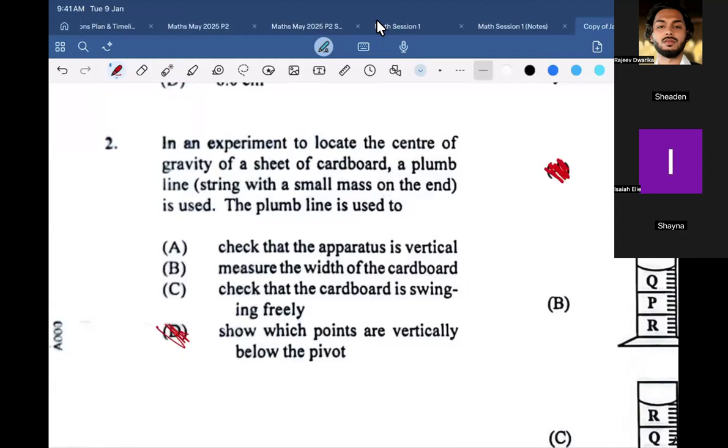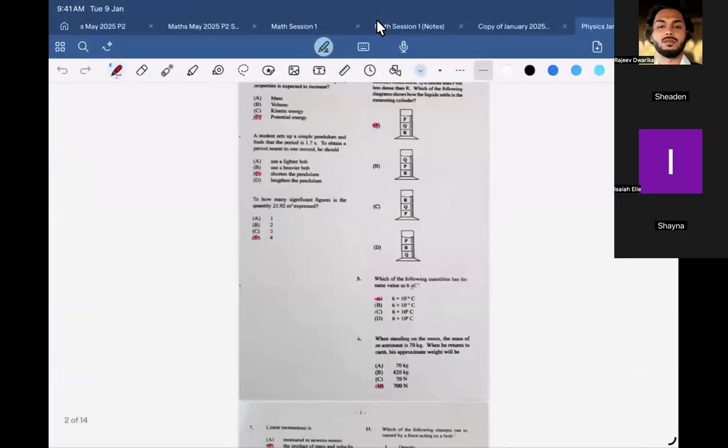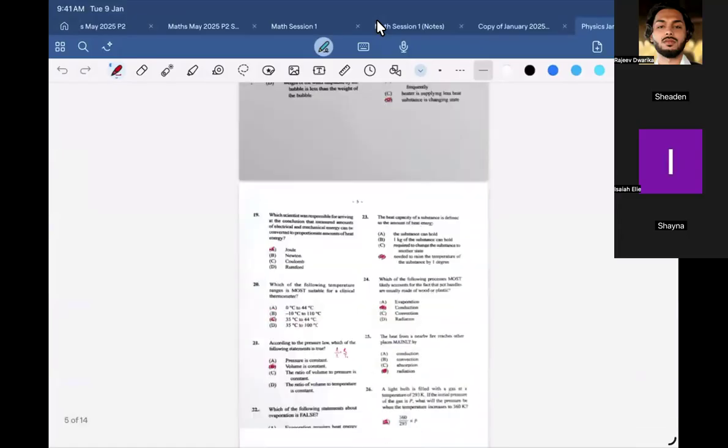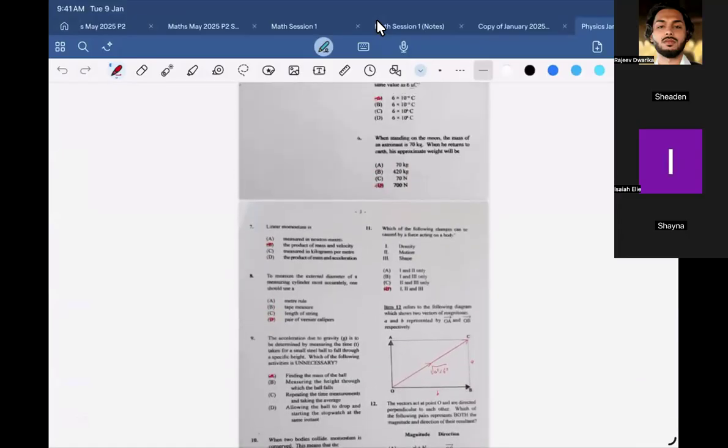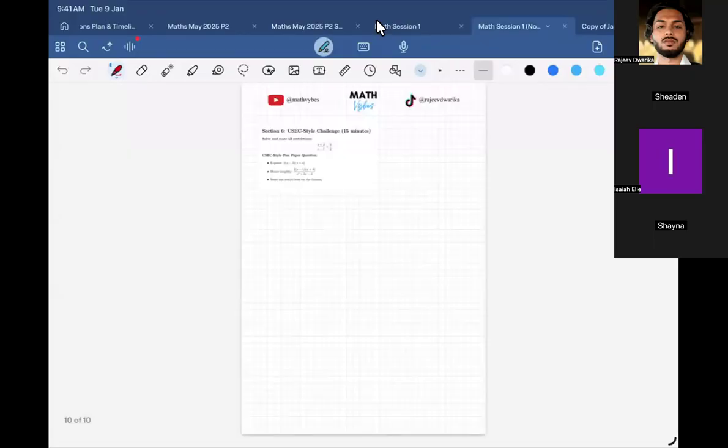Okay, let me actually explain the experimental setup and everything. I do have the exact diagram. Give me a moment. I'm going to get an actual diagram showing you the experimental setup, and I'll explain it.